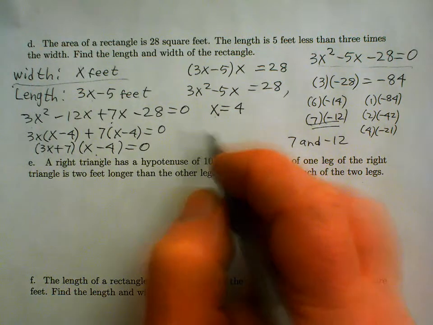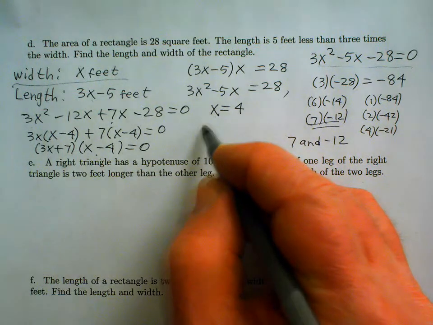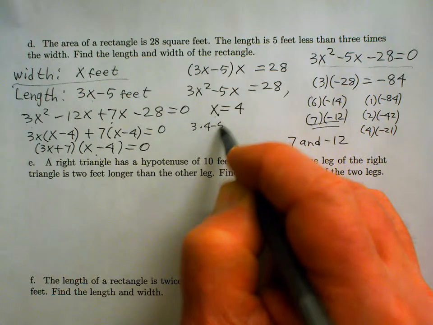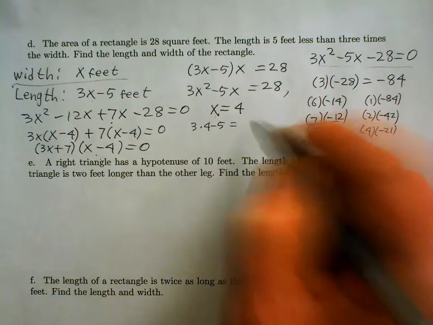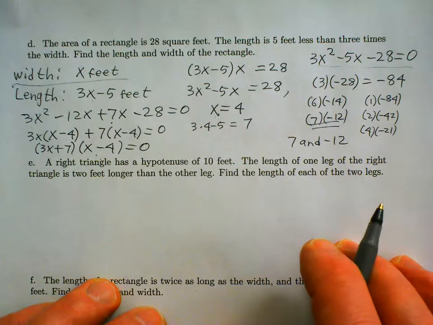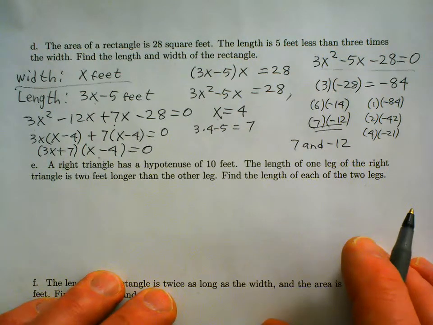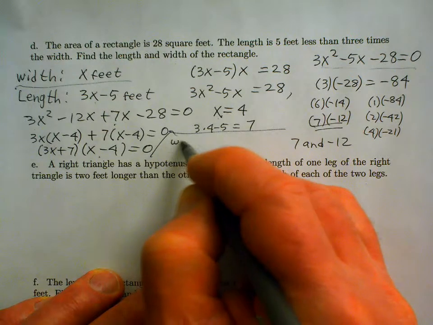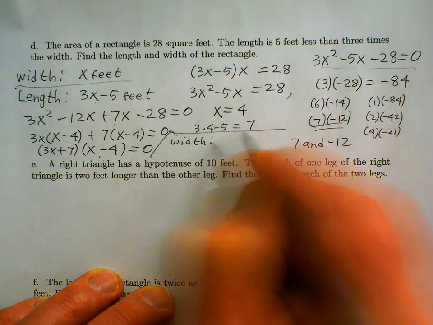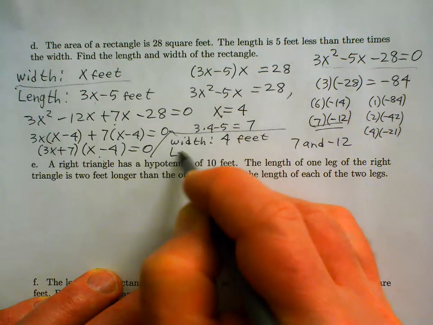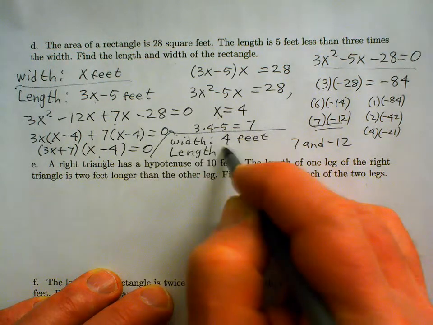And then the length is 3 times 4 minus 5, or 12 minus 5, or 7. Okay, so there's not a lot of room here, but you can say that the width is 4 feet, and the length is 7 feet.